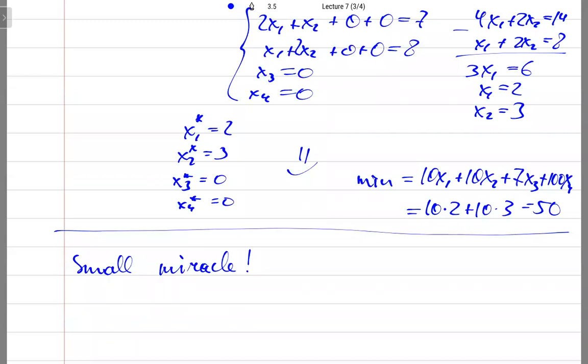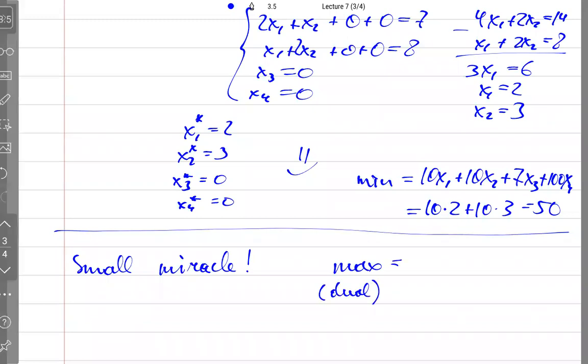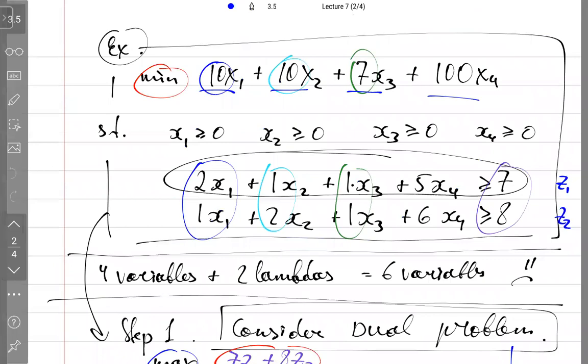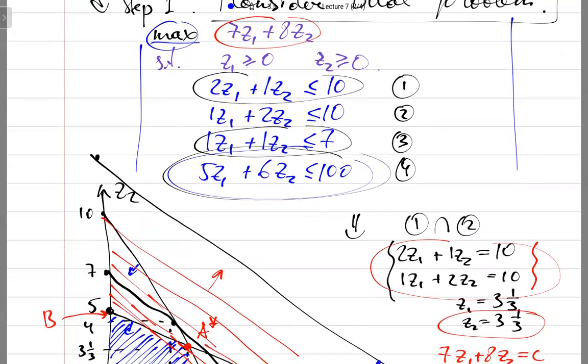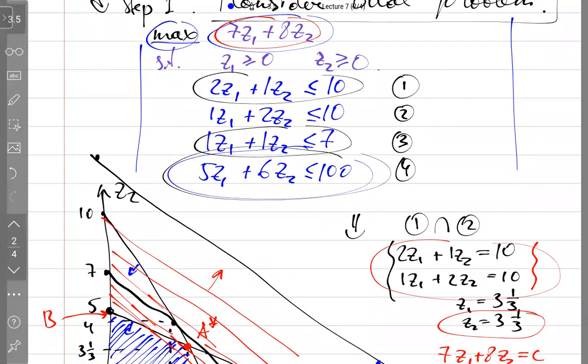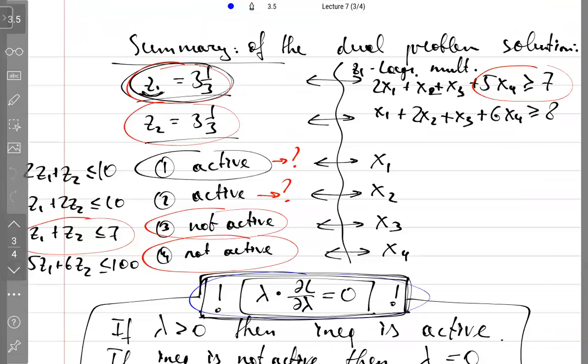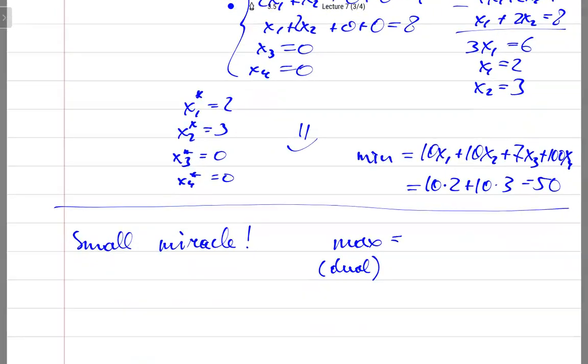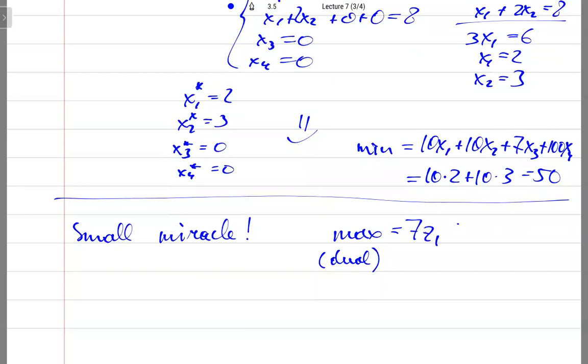Okay. And what was the maximum of the dual problem? That is 7z1 plus 8z2.